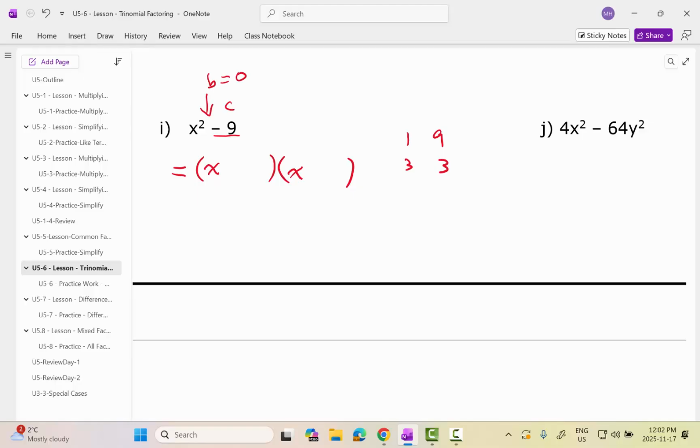There is no B, so B equals 0. So which ones could add up to 0? 3 and 3, as long as one is negative and the other is positive. Then you get a 0 value for B. Is that okay?